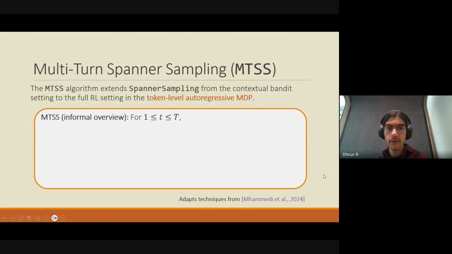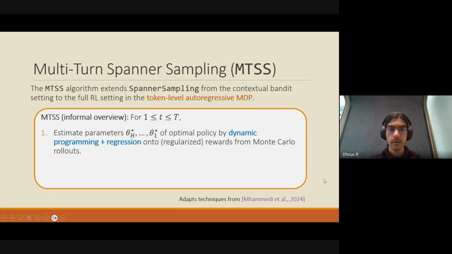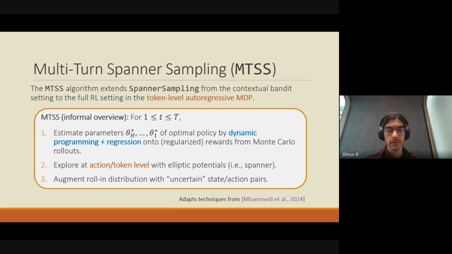So the informal overview of the algorithm is that you're alternating between parameter estimation and exploration. For parameter estimation, you're doing some sort of regression, similar to what iterative DPO looks like, to estimate regularized value functions, which give you the parameters. The exploration step is similar to spanner sampling.